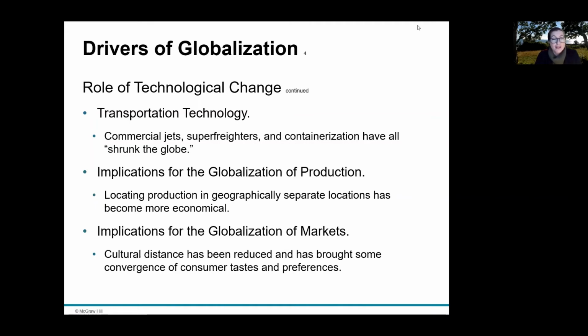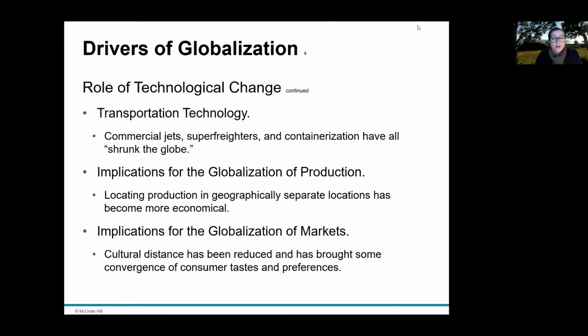In the realm of transportation, in the last 70 years, we've seen the arrival of commercial jets. On the oceans, we've seen the super freighters arrive, and containerization. These things have shrunk the world. And effectively, what it means is that global trade has been facilitated.